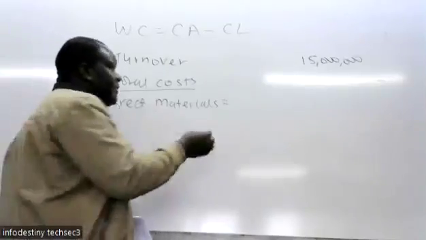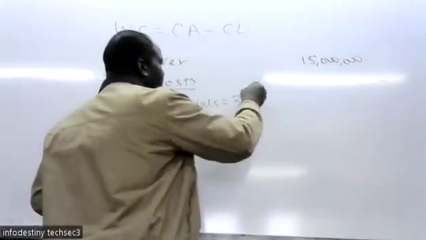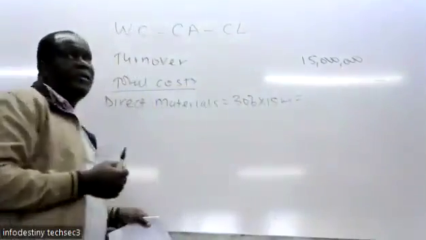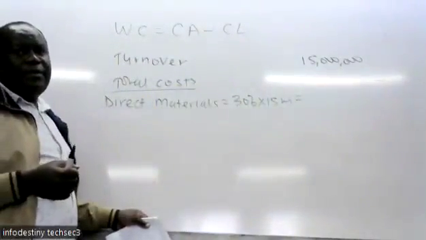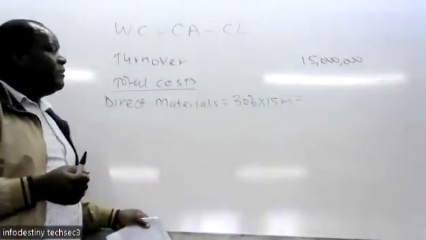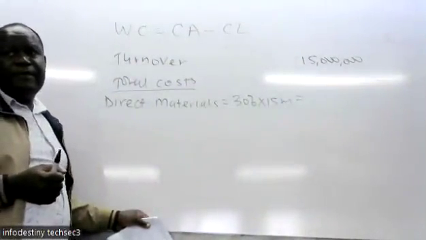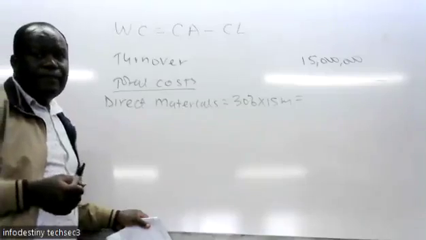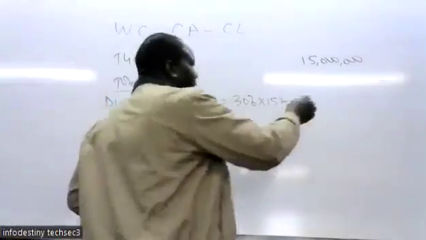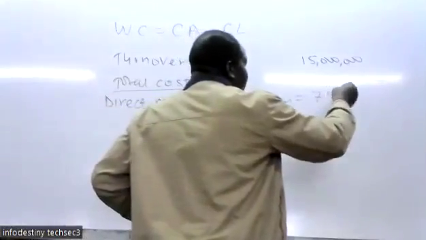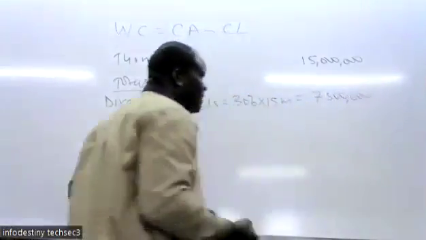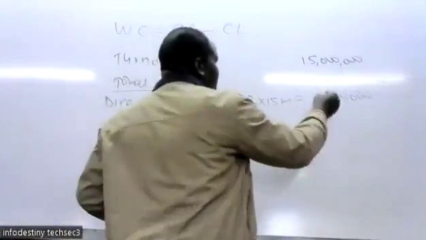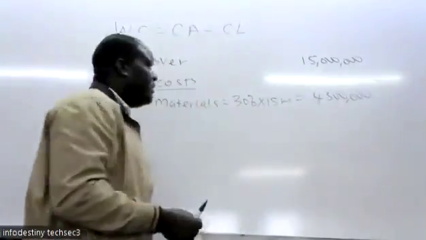So get 30% of 15 million. 30% of 15 million should give us 4.5 million. So the next one should be the direct labor.